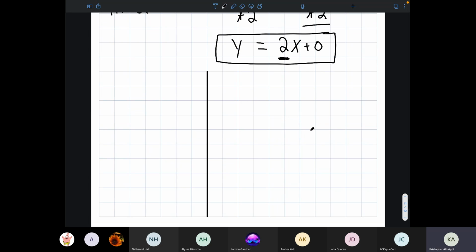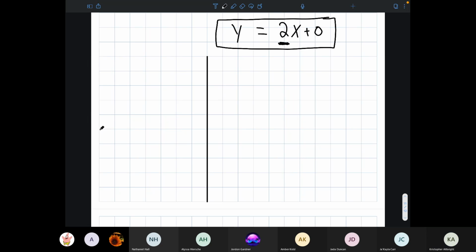So when we go to graph this, we're trying to see if it passes through the point that we need it to pass through. We know that the slope's the same, so we're good on that. So we put a dot at 0 because that's our y-intercept, and then we go up 2 over 1 because the slope is 2 over 1. We put a dot there, and we make a line.